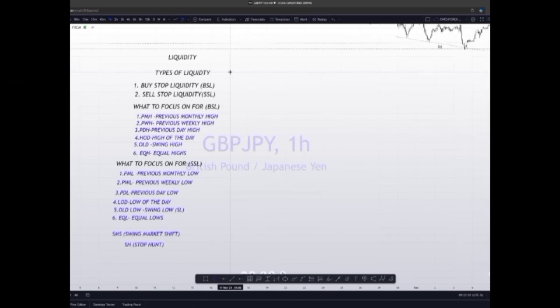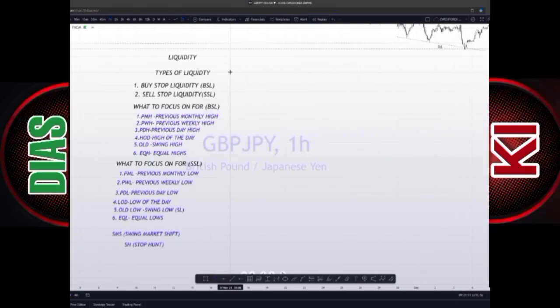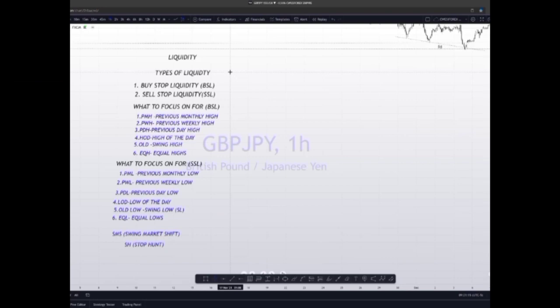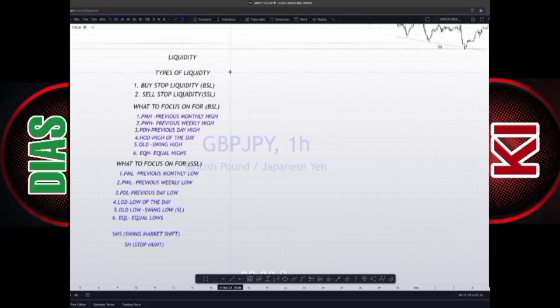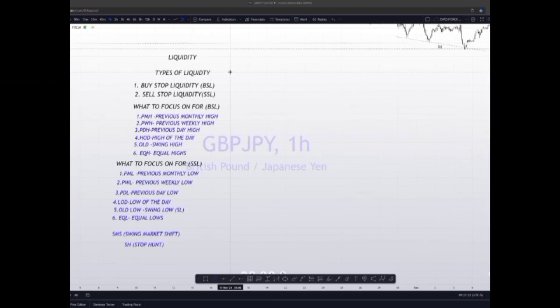So the banks manipulate the price because of liquidity. Whenever you see a manipulation in the market, it's because they want to take liquidity out of the market. Sometimes you ask yourself, why does that happen?